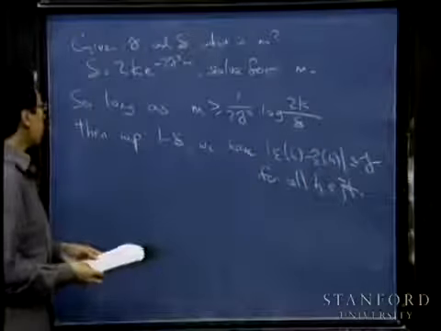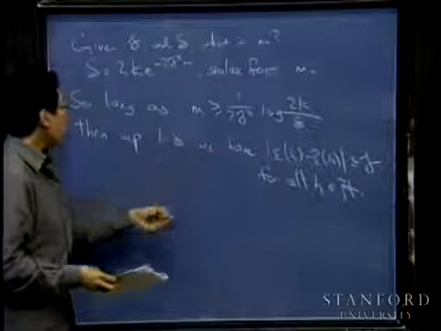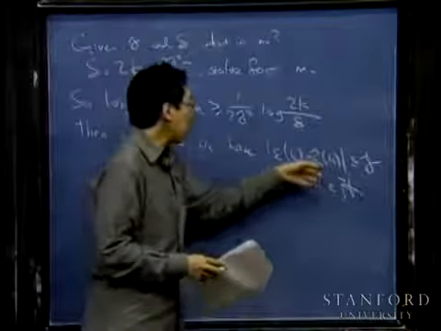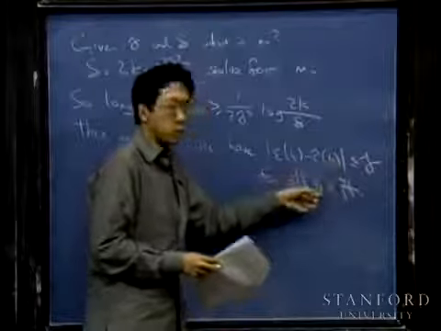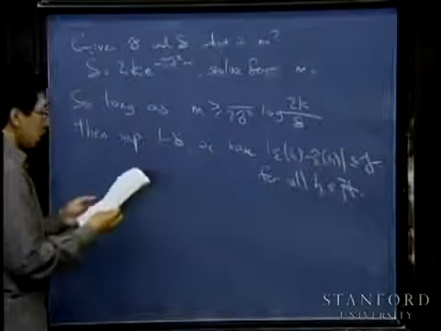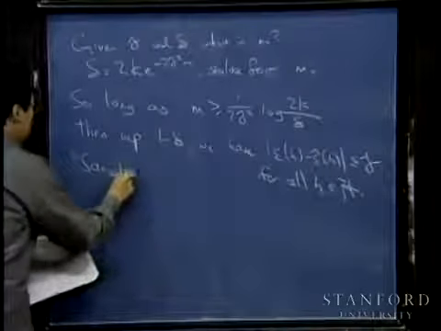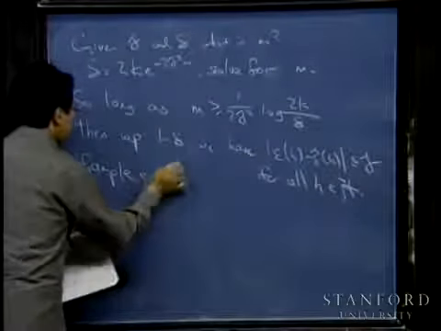So this says how large a training set size I need to guarantee that, and this gives an answer. And just to give this another name, this is an example of a sample complexity function.